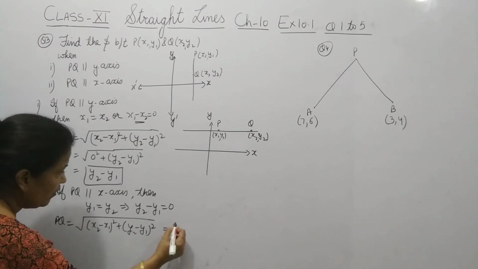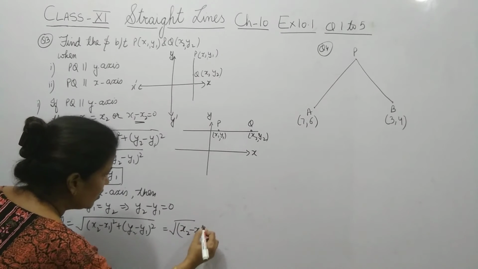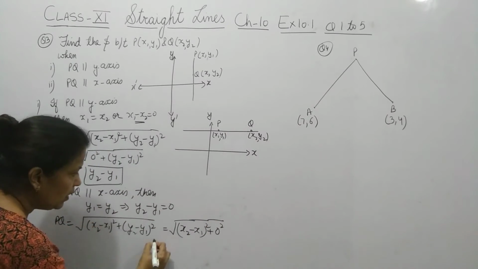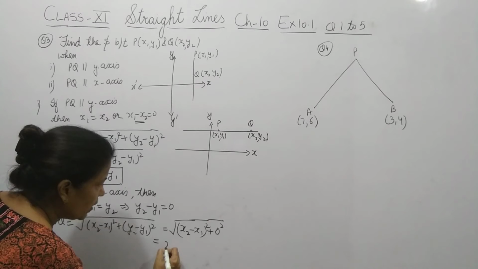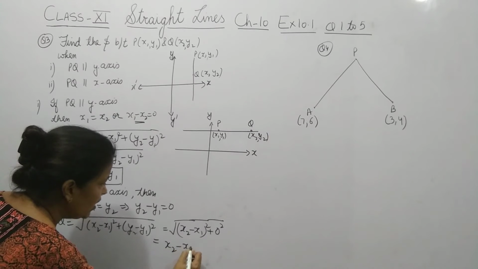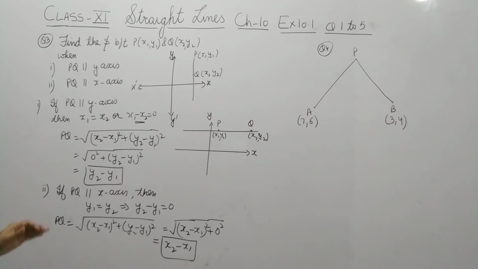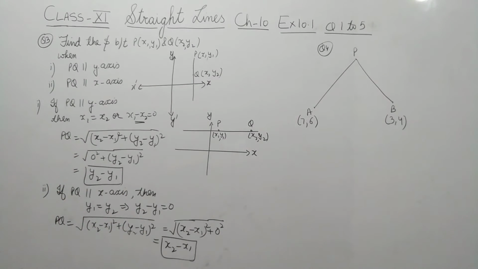So it will be square root of (x2 minus x1) square. Only this will be left. So the square root will be cancelled out, and it will come as x2 minus x1. This will be the distance of PQ if it is parallel to the x-axis.